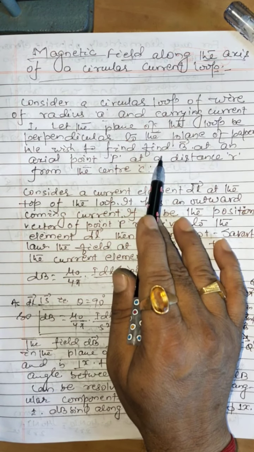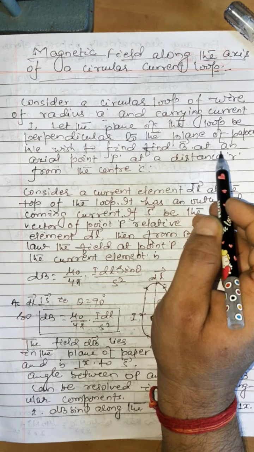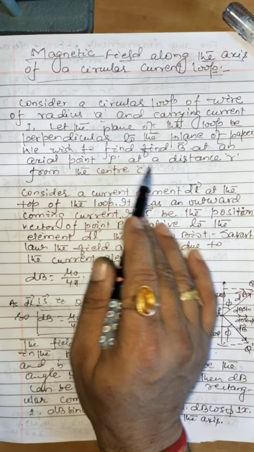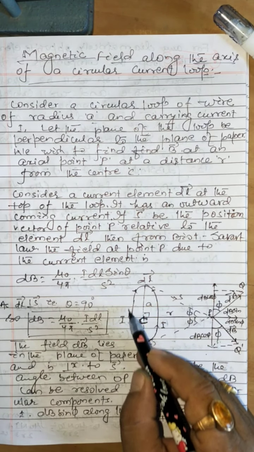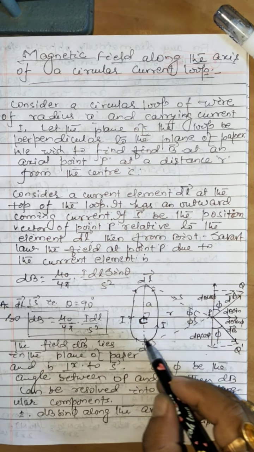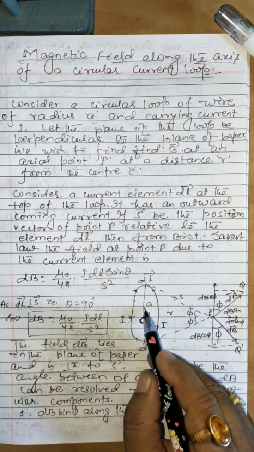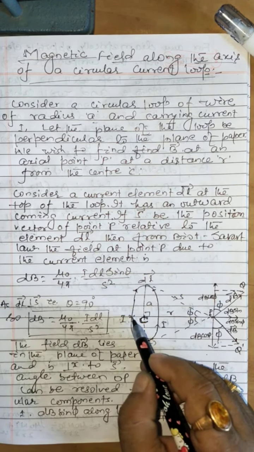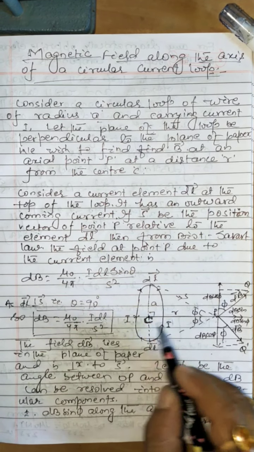We wish to find the magnetic field B at an axial point P at a distance r from the center C. This is a circular loop of wire of radius a carrying a current I.